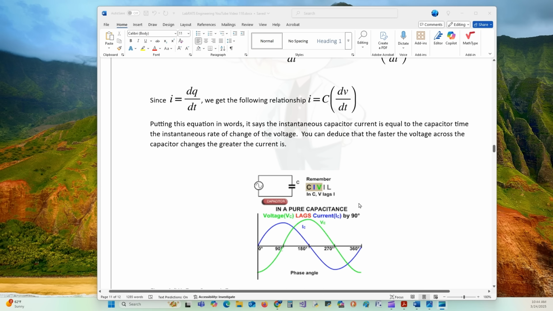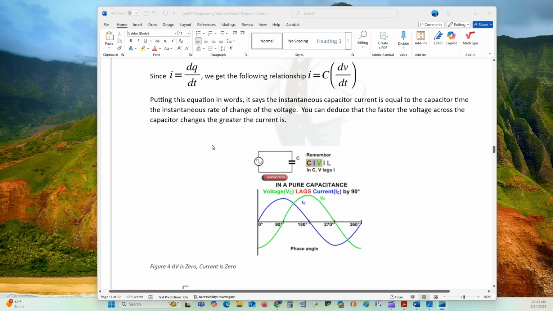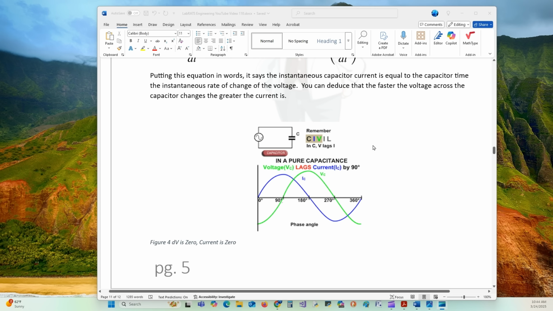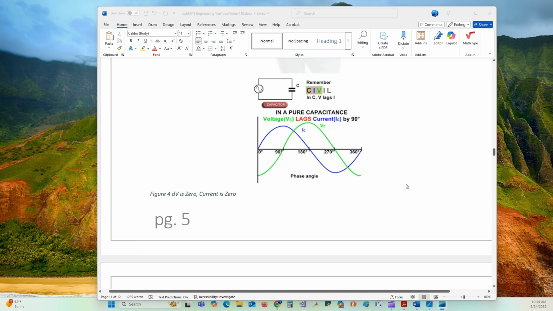In words, this equation says the instantaneous capacitor current is equal to the capacitance times the instantaneous rate of change of the voltage. You can deduce that the faster the voltage across the capacitor changes, the greater the current is. And here's a Cartesian graph of the voltage lagging the current by 90 degrees.